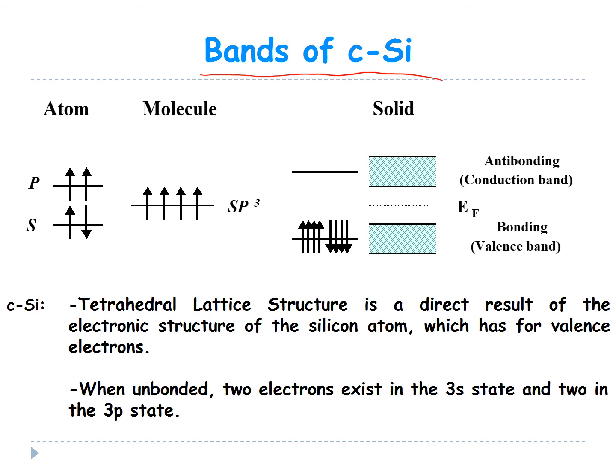Crystalline silicon has a tetrahedral lattice structure, which is a direct result of the electronic structure of silicon, which is 4 valence electrons. So when silicon is unbonded, when you consider just one silicon atom, you find that you have 2 electrons in the 3s energy level, and you also have 2 more electrons in the 3p.